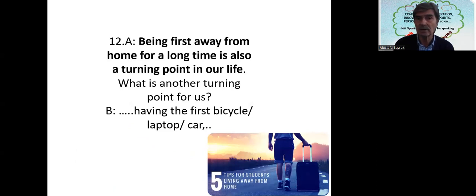Another turning point is having the first bicycle, or having a laptop, having the first car. The image says 5 tips for students living away from home. You should do this, you should do that when you start living away from home.